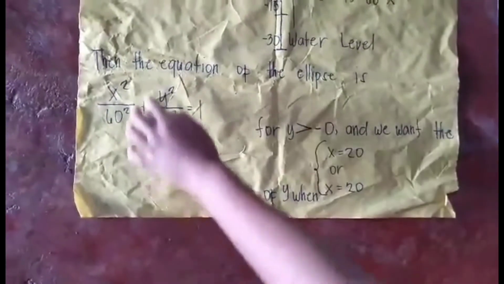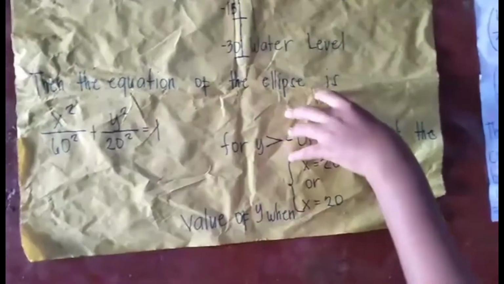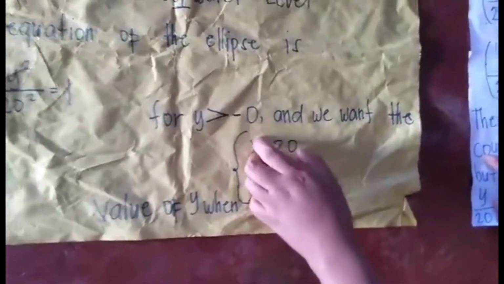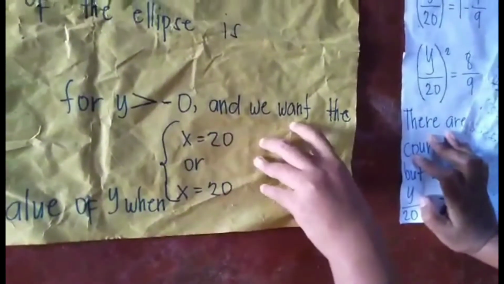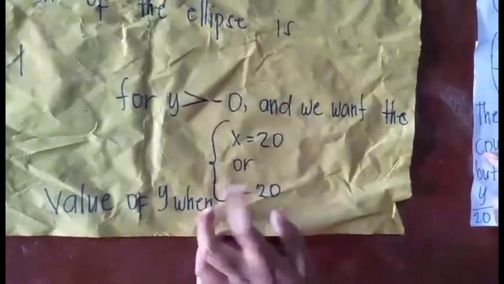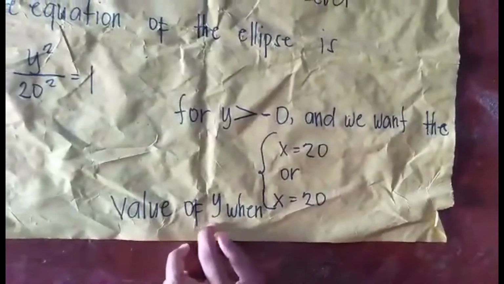Then for the equation of the ellipse, y is greater than 0, and we want x equal to 20 or x equal to negative 20. Find the value of y.